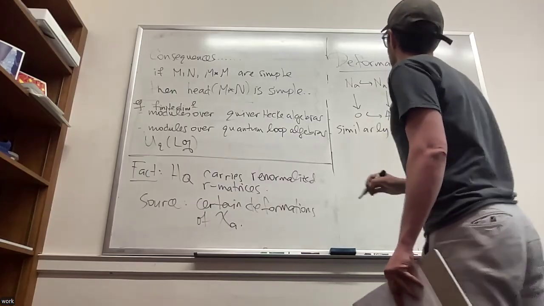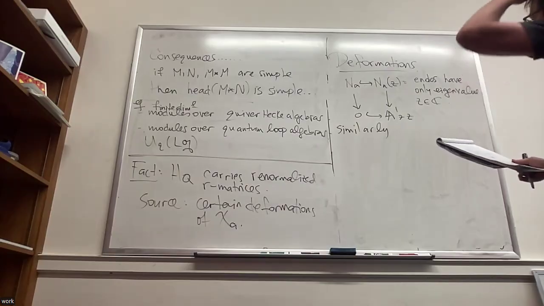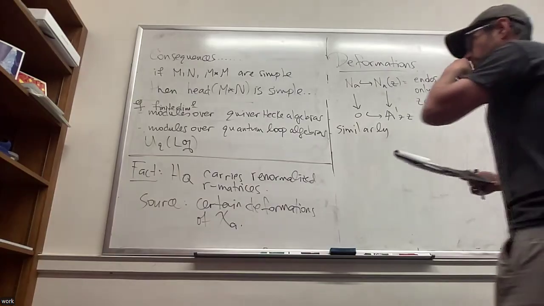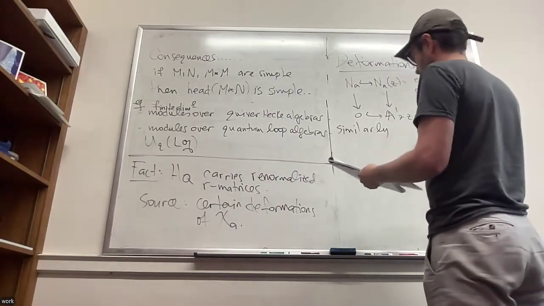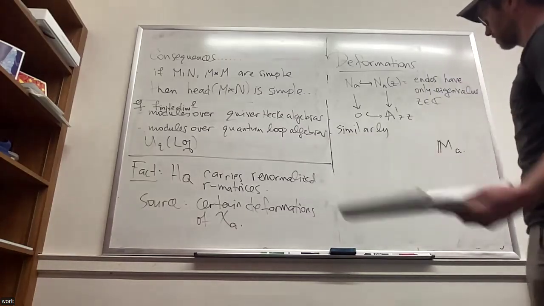You similarly have analogous spaces for the other moduli spaces that showed up. So you have MA, which doesn't change because it contains everything.